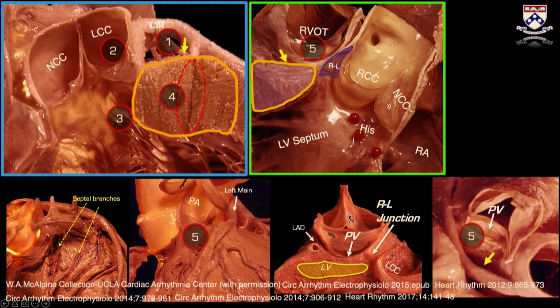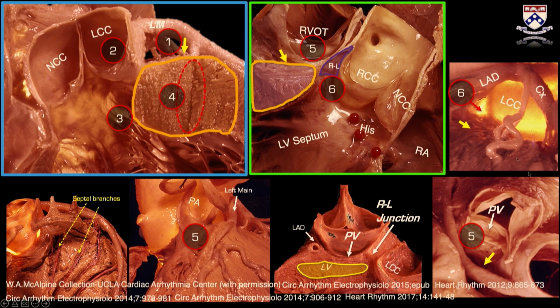And finally, in this beautiful transillumination, you can see the left coronary cusp, but right in between, you have this window being the right-left junction. And the right-left junction puts you right opposite from the endocardial aspect of this region on the LV summit. So you have kind of 6 points of attack for this.